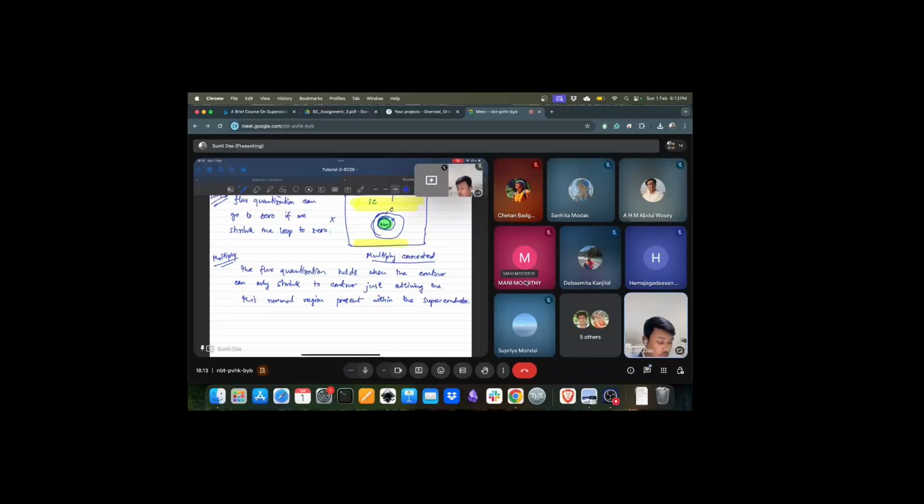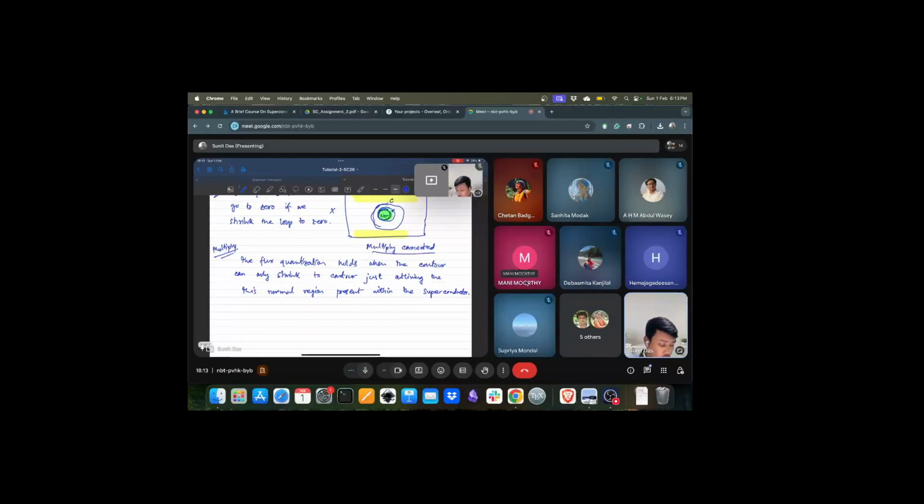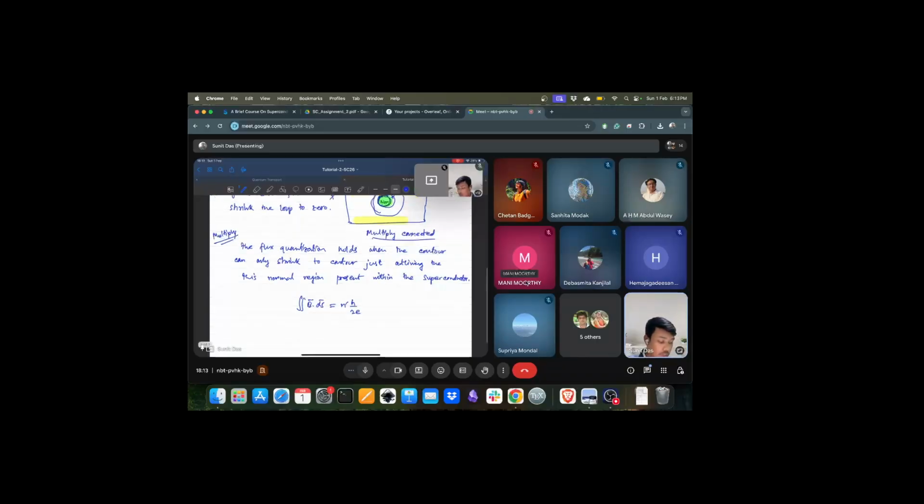Okay. So that is the point. You will always have some B dot dS there. So it will be n or n prime depending on how much is the surface and so on. And also you will have some J_s dot dl.